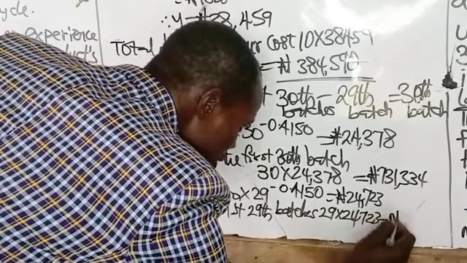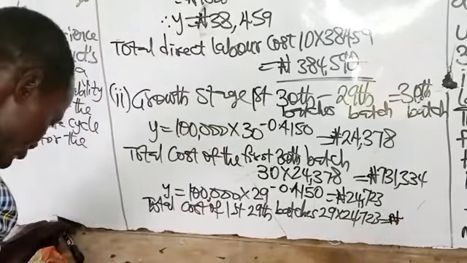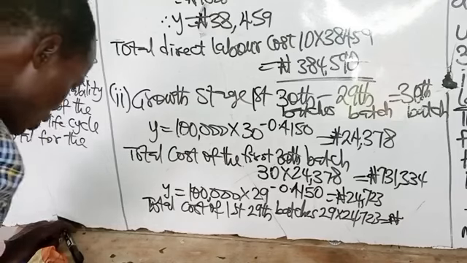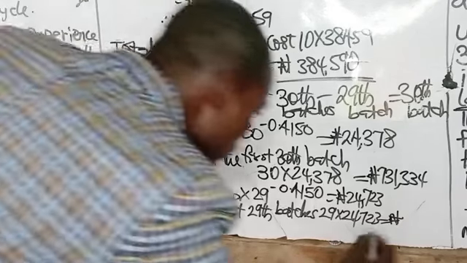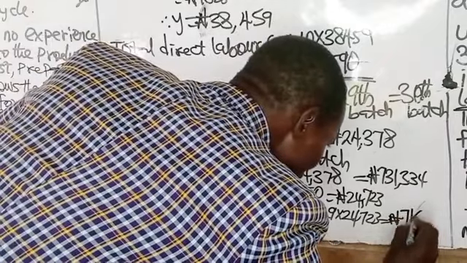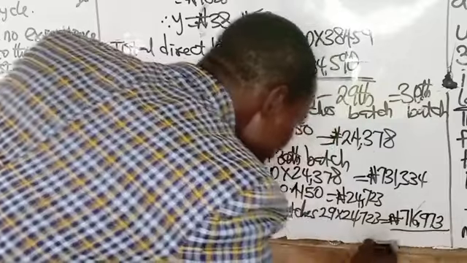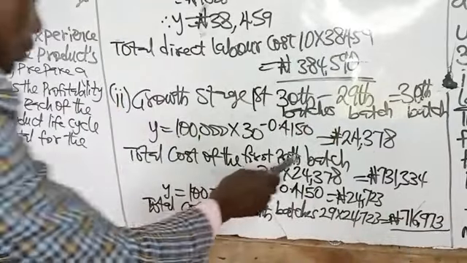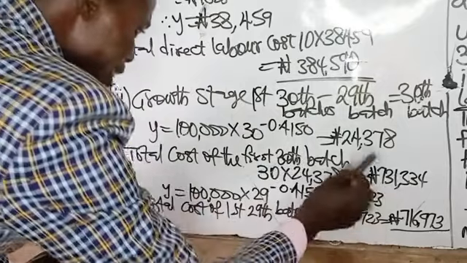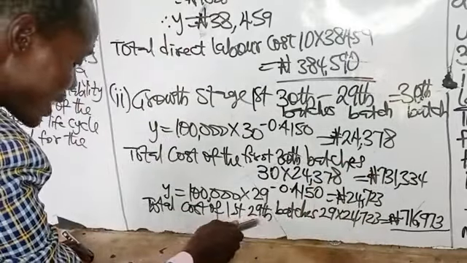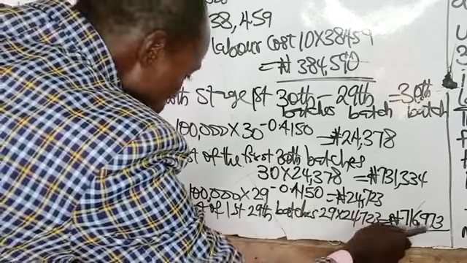That gives us 716,973. This is the cost of the first 30 batches, and this is the cost of the first 29 batches.